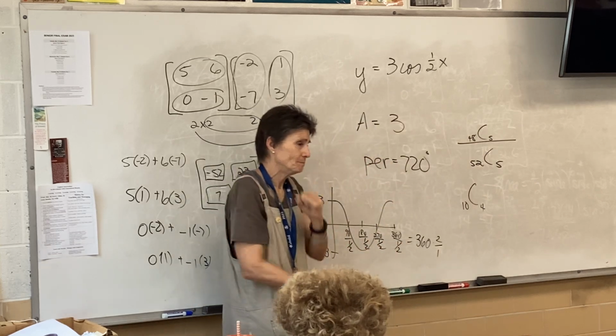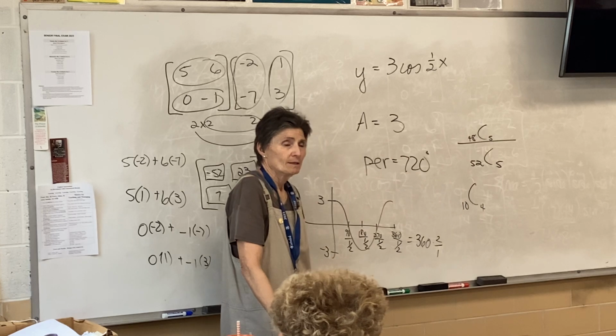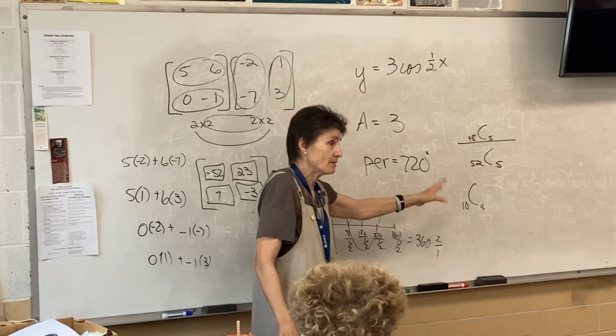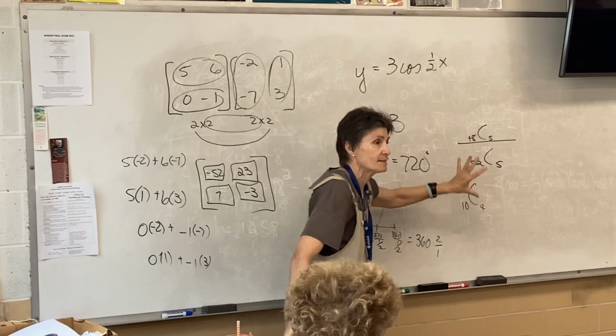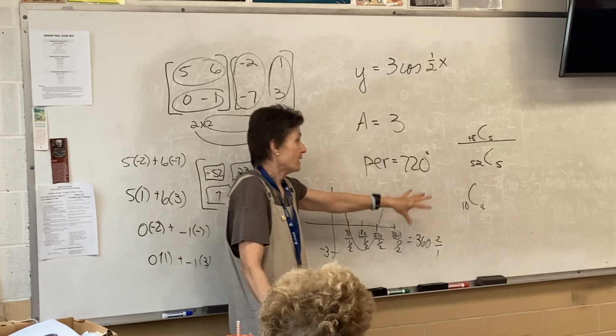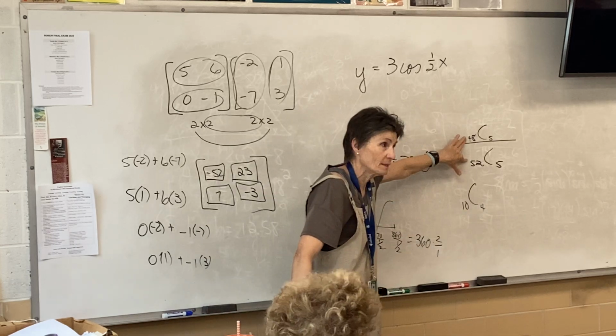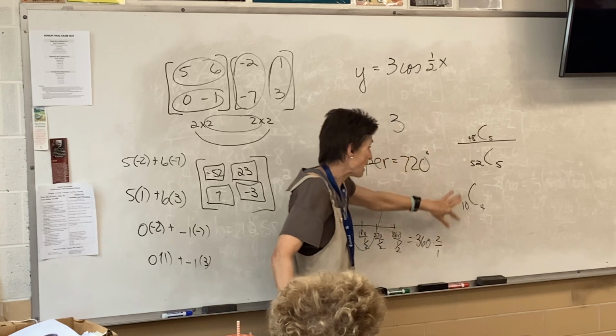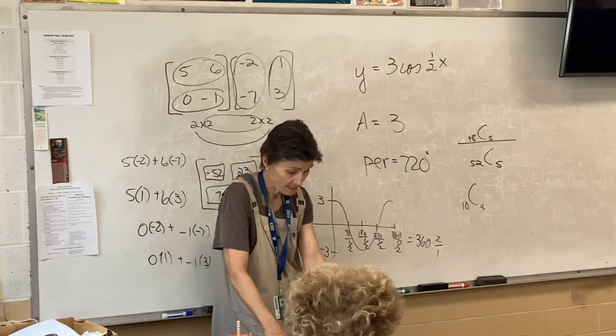No. So it's not over anything, it's just 10C4. It's only over something when it's a probability. This just says how many ways can I do it, and that would be 10C4.